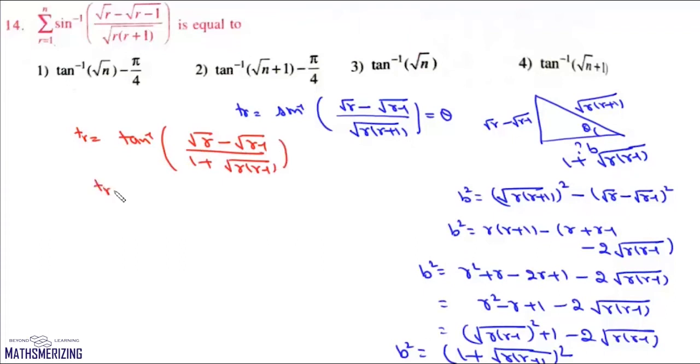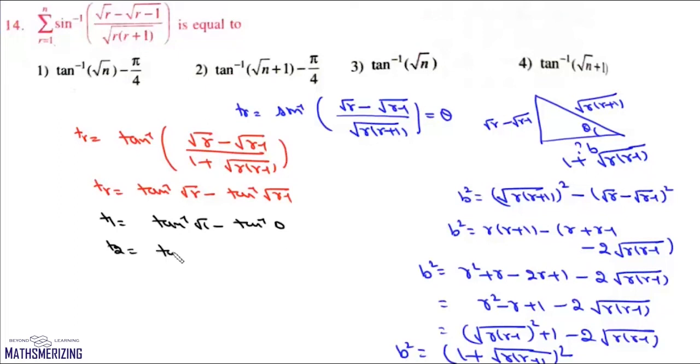So we can express it as tan inverse under root r minus tan inverse under root r minus 1. Now we need to find its partial sum Sn. So we'll write T1. T1 will be tan inverse under root 1 minus tan inverse 0.